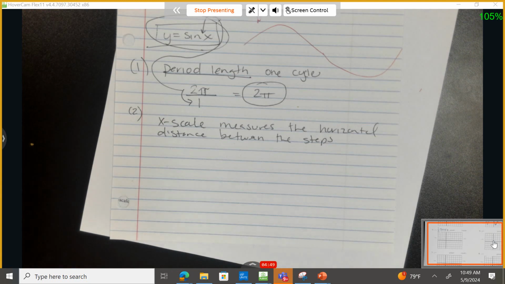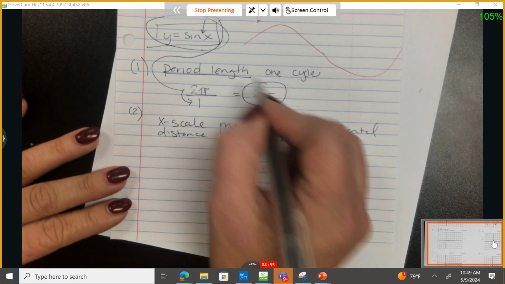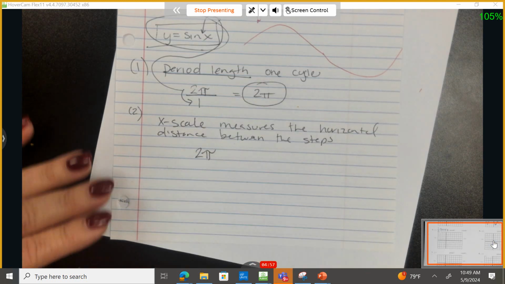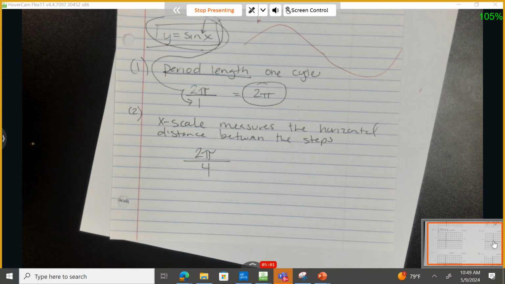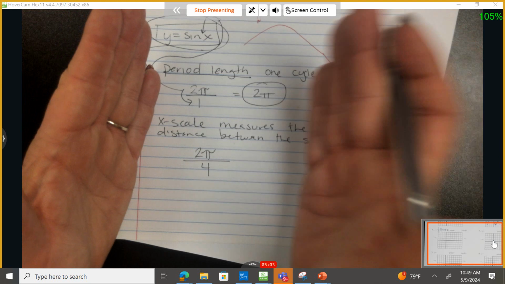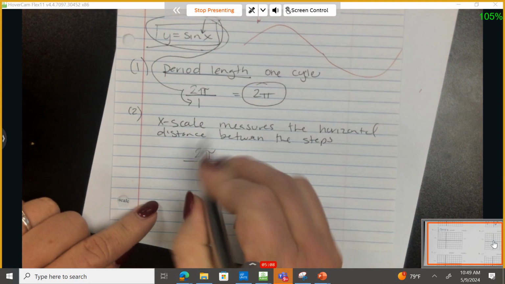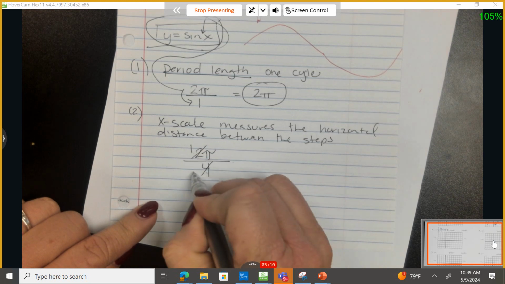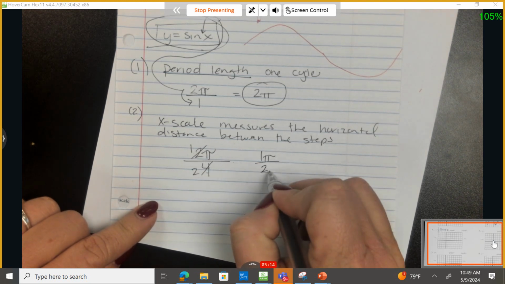So what we're going to do for step 2 to figure out the x scale is take whatever our period length was, in this case 2 pi, and I will always divide by 4. Why am I dividing by 4? Because I want to divide it into equal spaces. So 2 pi divided by 4: 2 goes into itself once and 2 goes into 4 twice. That equals 1 pi over 2.